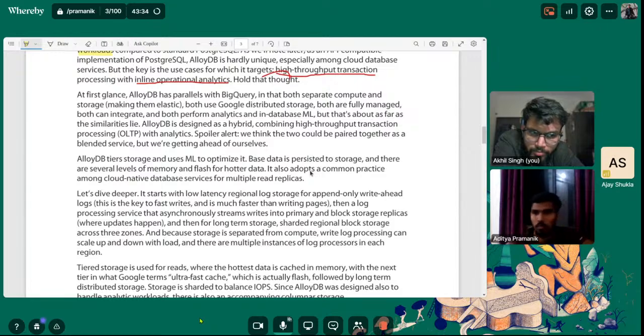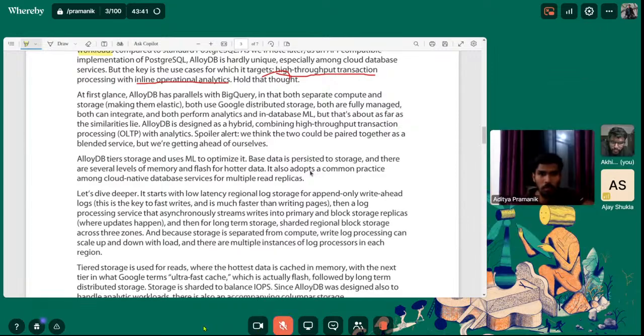The data that needs to be readily available to the user is distributed among different hot data storage services, like in the memory itself or in the flash, like the SSDs, from where we can quickly read the data.